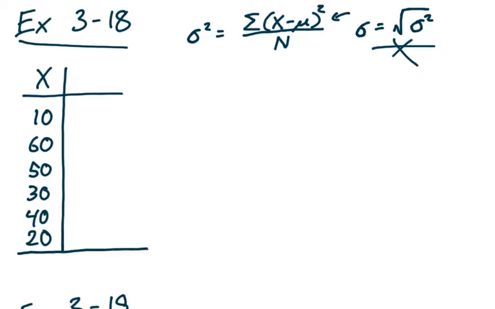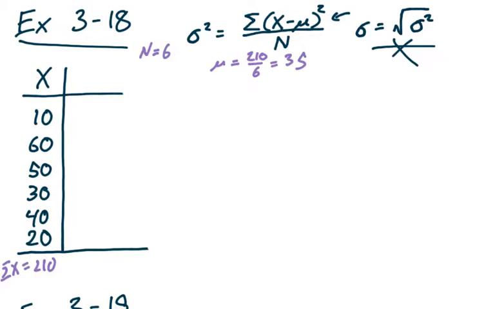So we would first have to find the sum of the X values, and that was 210. We had capital N, I just write it right here, capital N was equal to 6. So the first thing we would find was mu was 210 over 6, and that was 35.